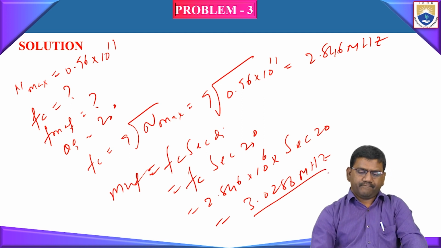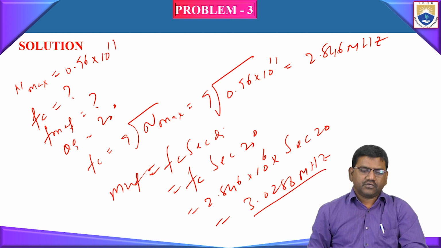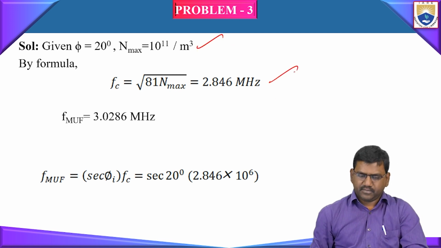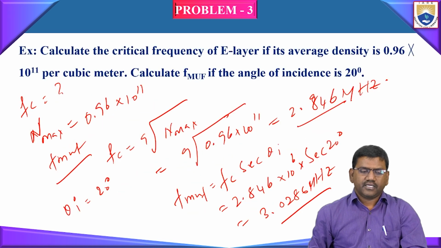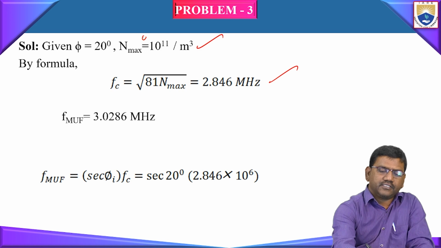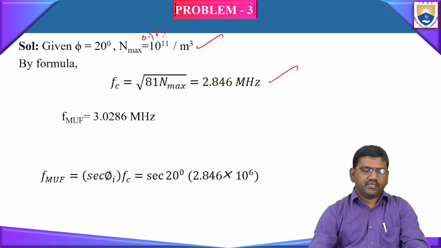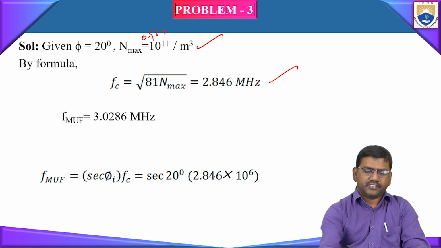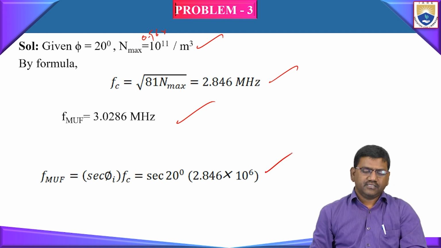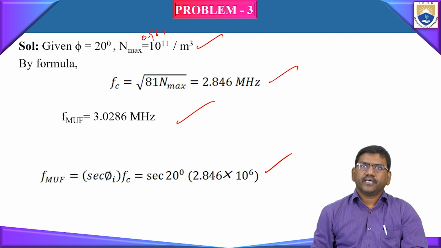This is how to simplify the problem. You can see the data given here: N max is not 10 power 11, it is 0.96 into 10 power 11. Substitute the values and simplify mathematically, and you will get the values of Fc and MUF.